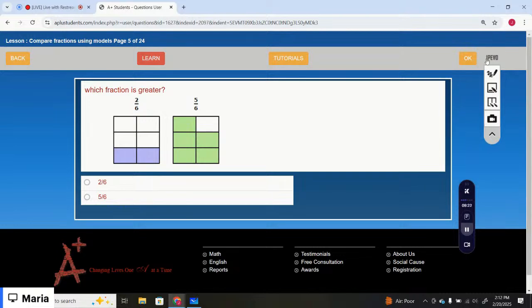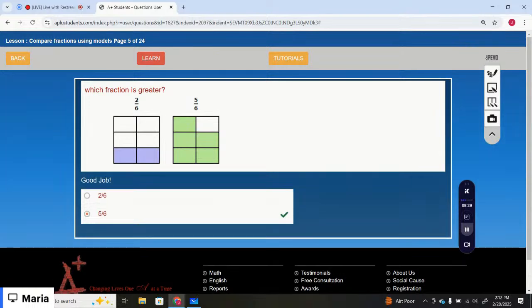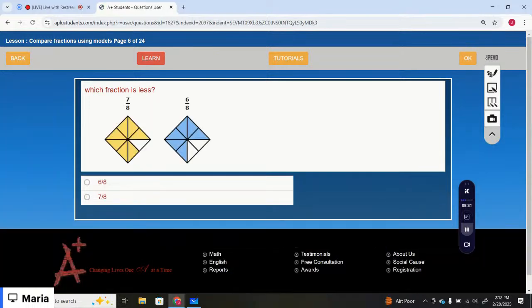The greater one is 5 by 6. Option number 2 is greater. Very good. Okay, you can complete the lesson by yourself later today. Let me just move on to the next lesson.